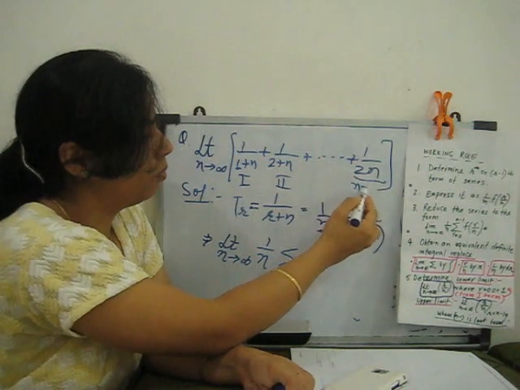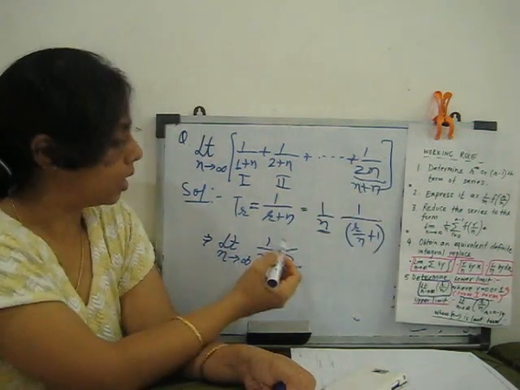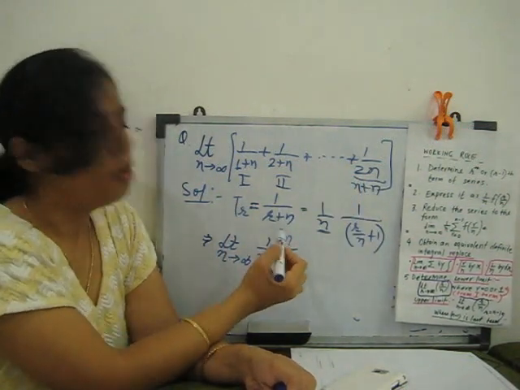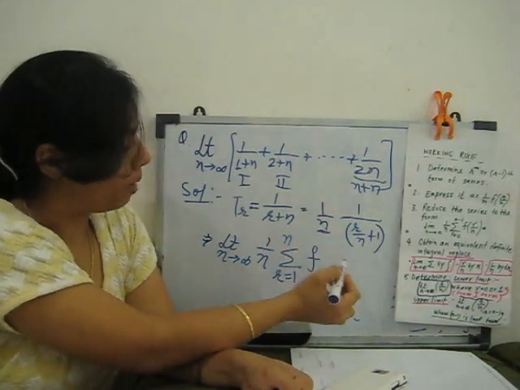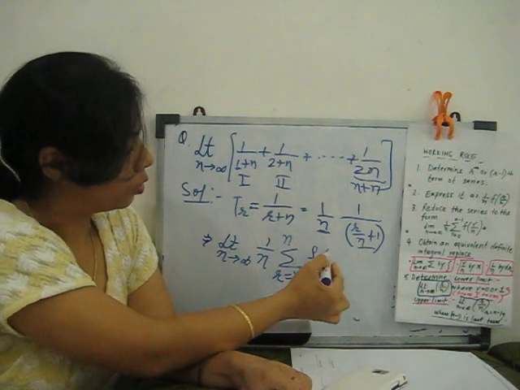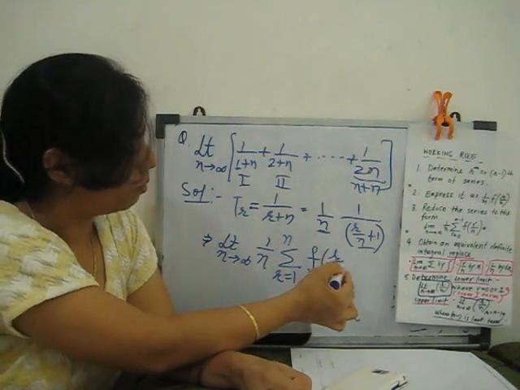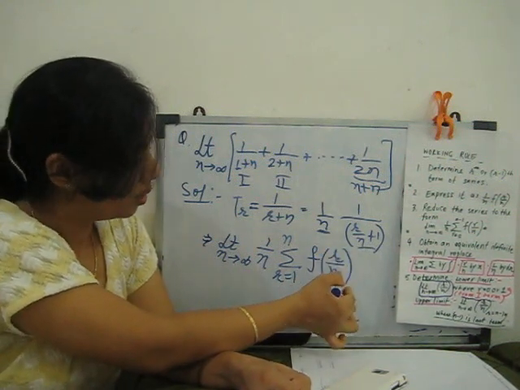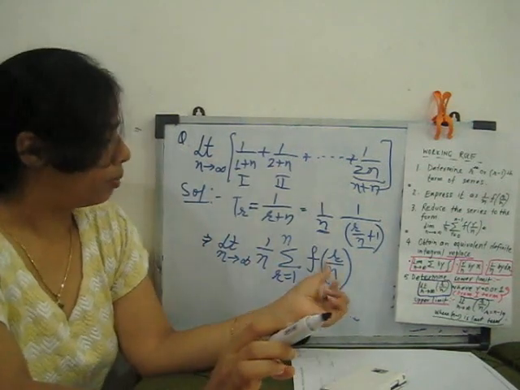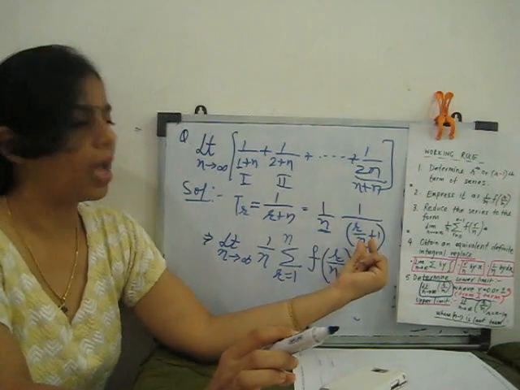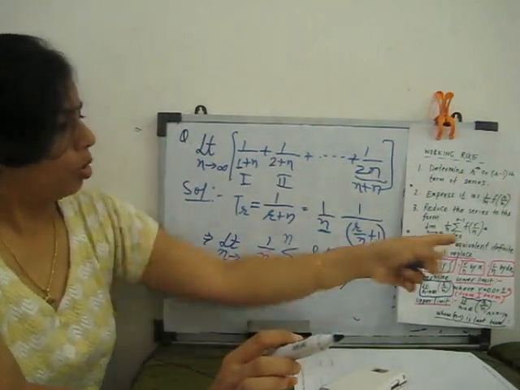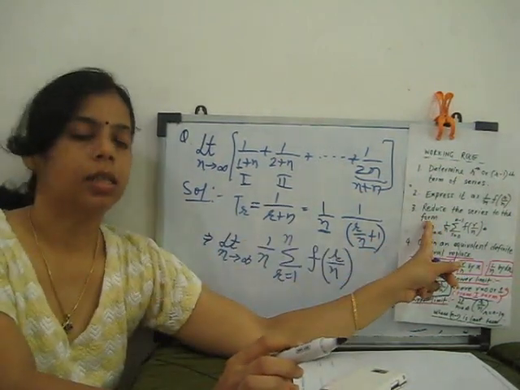The last term is n plus n, 2n, so r is going from 1 to n of f of r by n. Clear? In the place of f of r by n you write the function 1 by r by n plus 1. Now we have completed step third.